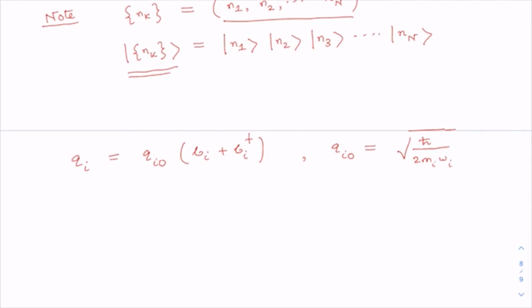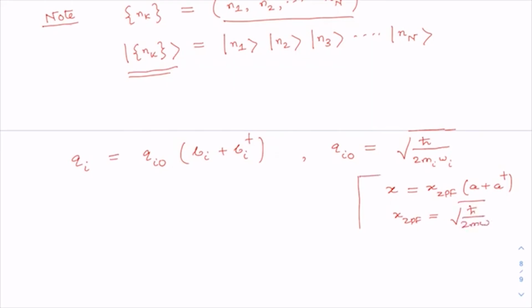By the way, please recall that we utilized a similar thing earlier when we had the displacement operator x in the context of the harmonic oscillator. This is x zero point fluctuation, and there we used a plus a dagger, where x zero point fluctuation was defined as h cross divided by twice m omega.